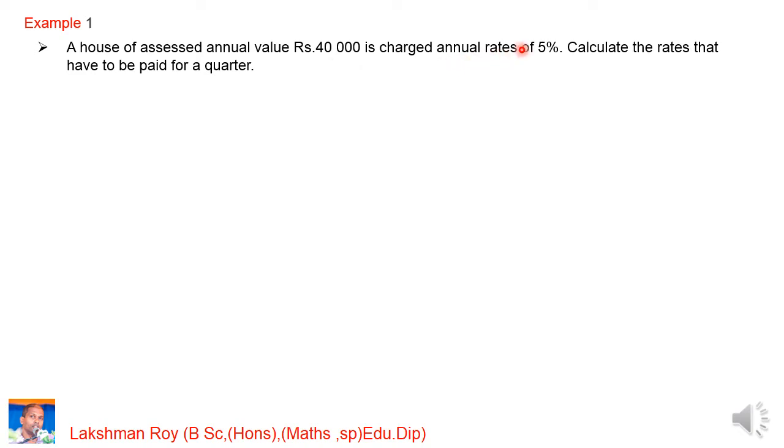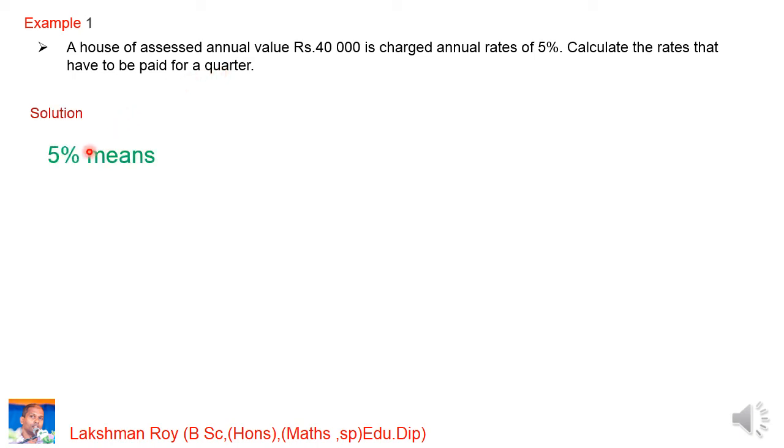So rate is the name of the tax, and that annual rate is 5%. That is the percentage they charge this rate tax. We want to calculate the rate that has to be paid for a quarter. Let's see the solution.